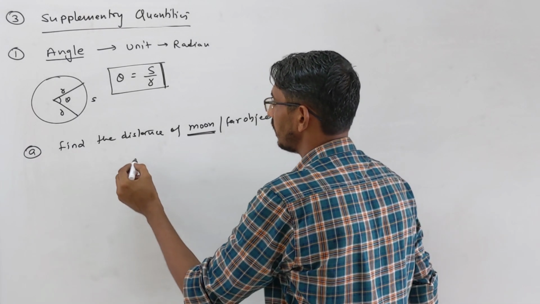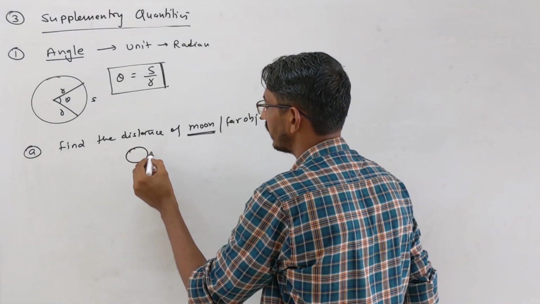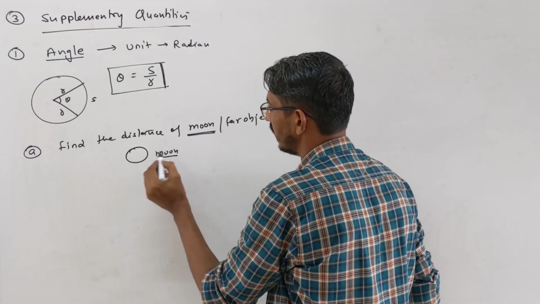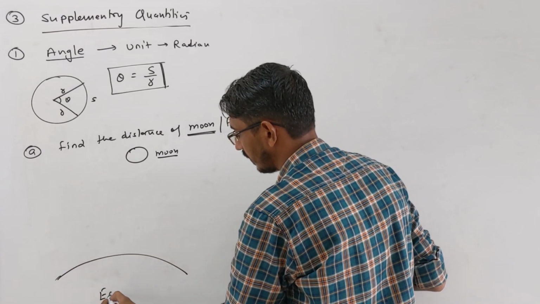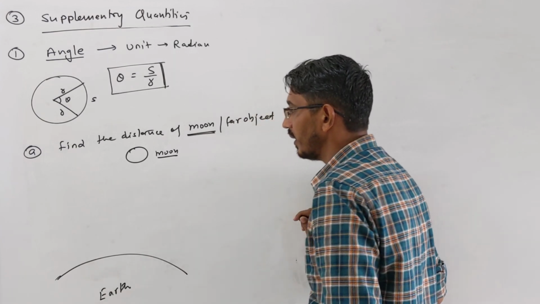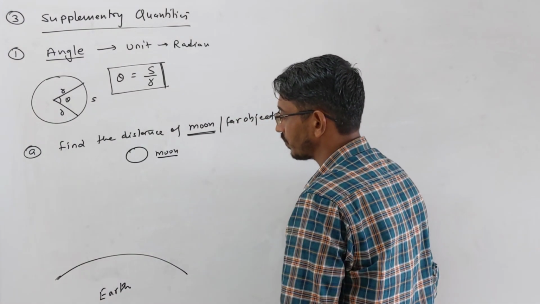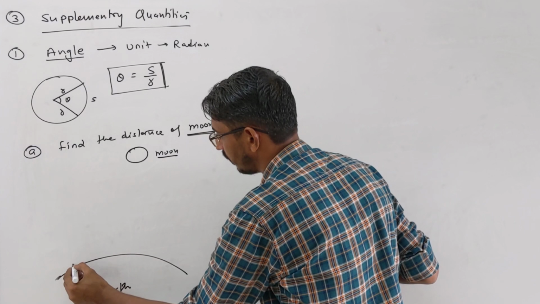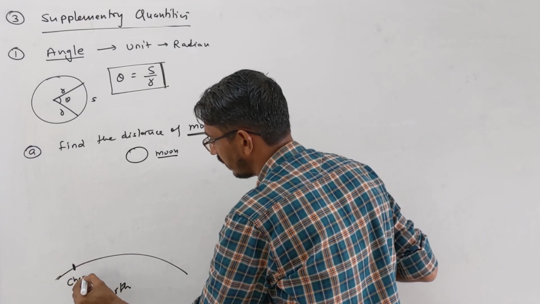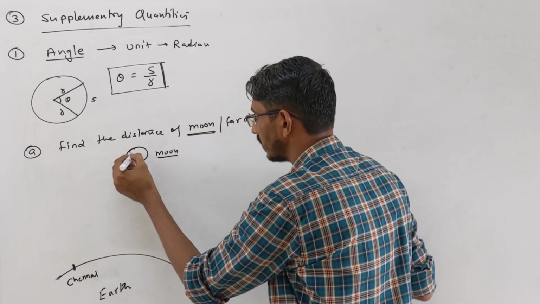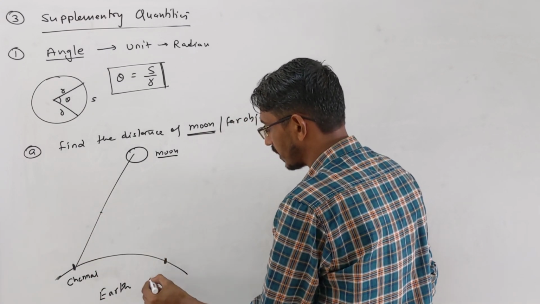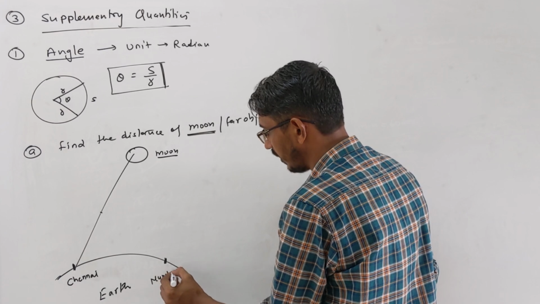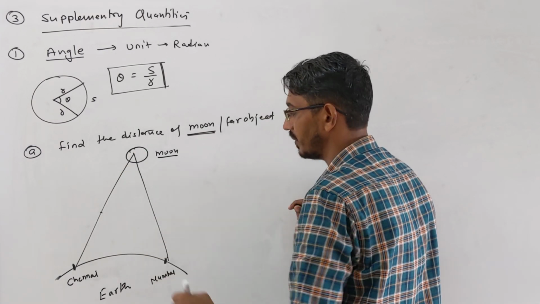How? Suppose this is your moon, here is the moon, and this is our earth. Then what do we do to find the distance of this? You watch the moon from one place, let's say Chennai, we are watching the moon from Chennai. Then you go to some other city, let's go to Mumbai, and you watch the same thing again from here, right?